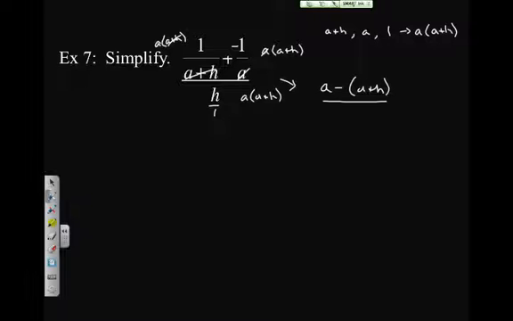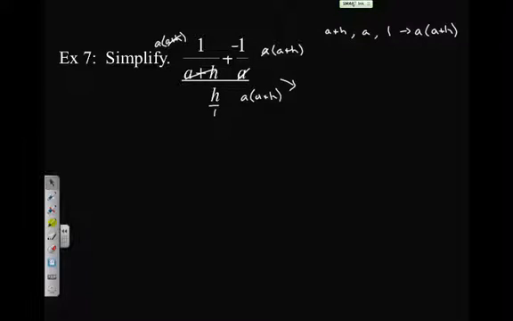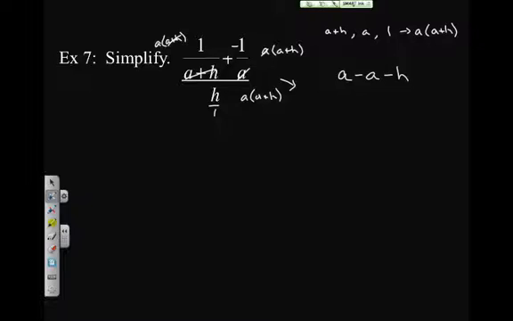So let's go ahead and view it that way. We already had the a from the first one, but now negative 1, when we distribute, times a plus h is going to be negative a minus h. On the bottom, there's nothing to cancel, so we have a times h times a plus h.